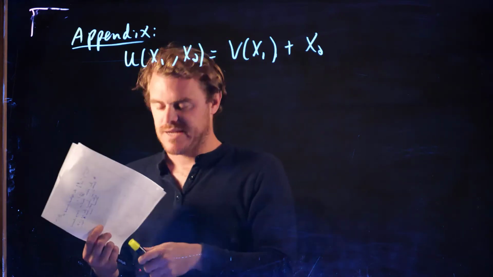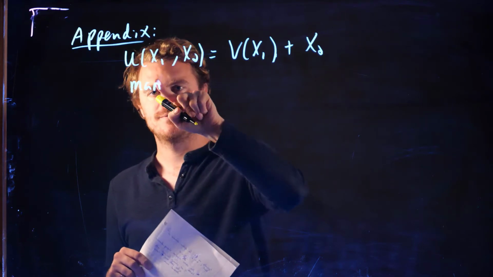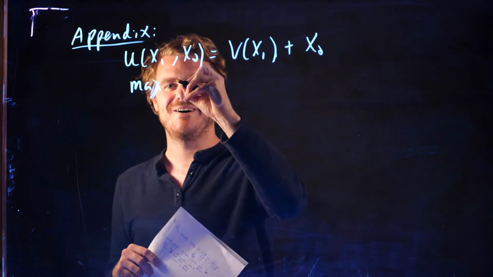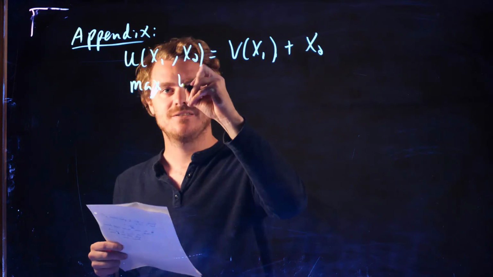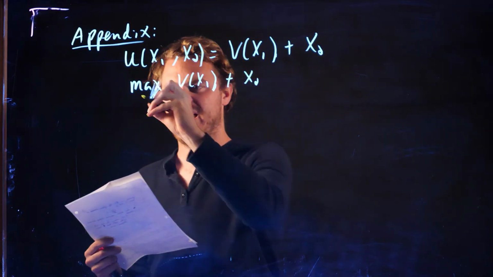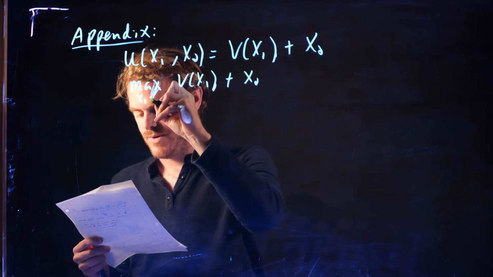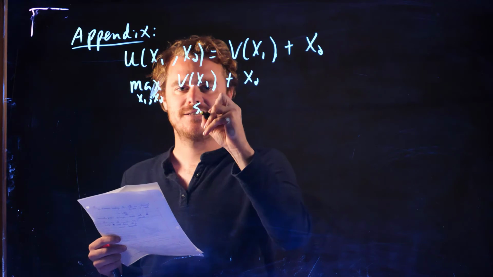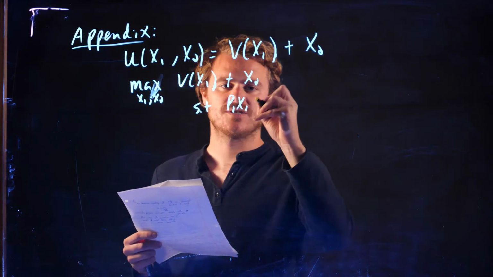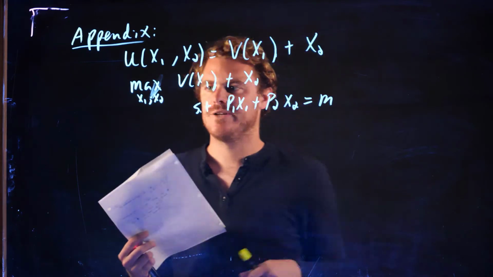If you want to think about this as a maximization problem, we want to max this utility function, v(x1) plus x2, and we get to pick how much x1 and x2 we want, subject to p1 x1 plus p2 x2 equals m, right? It's subject to a budget constraint.